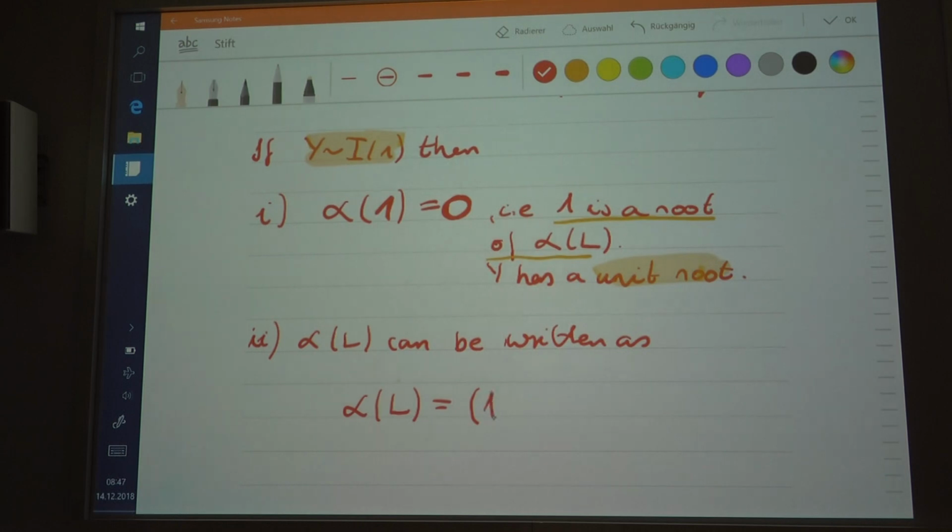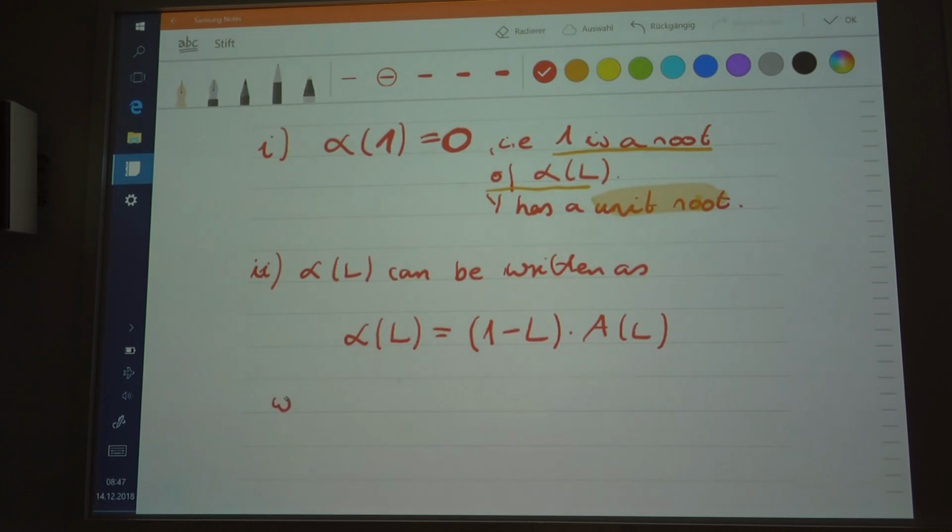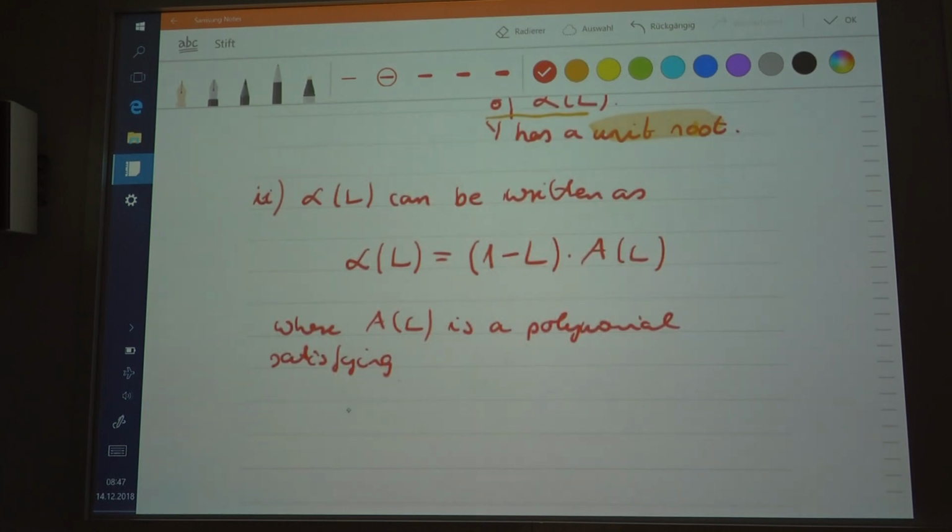So where capital A is also a polynomial satisfying the following equation, it can be written like this.